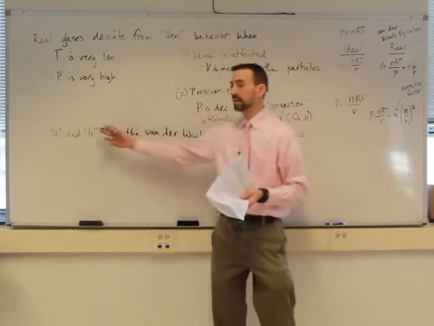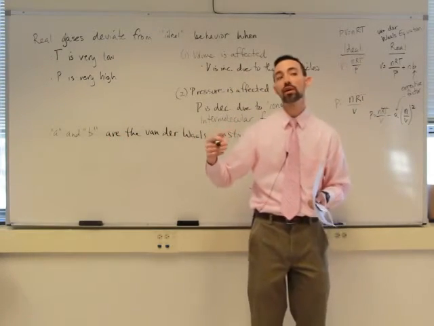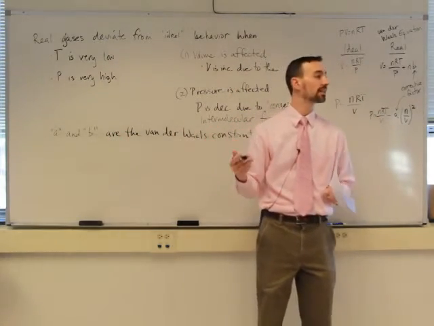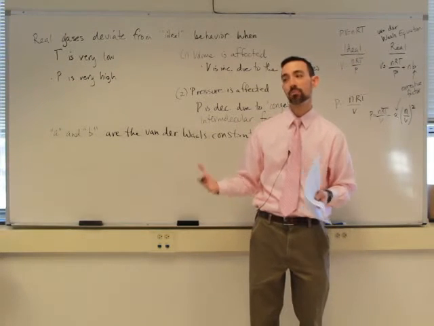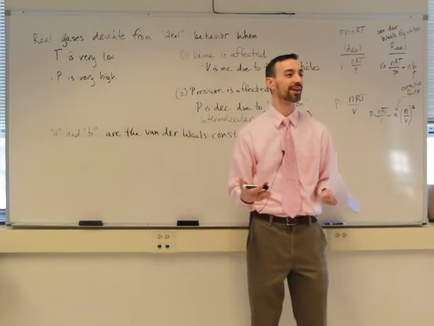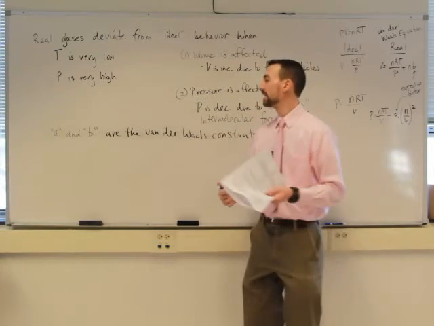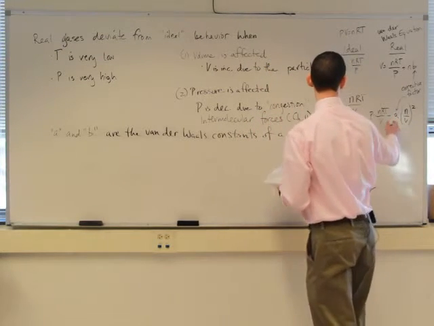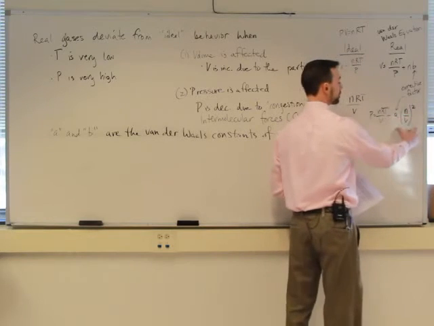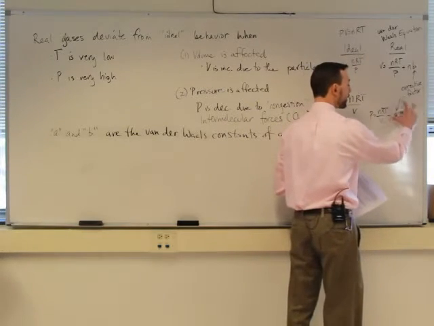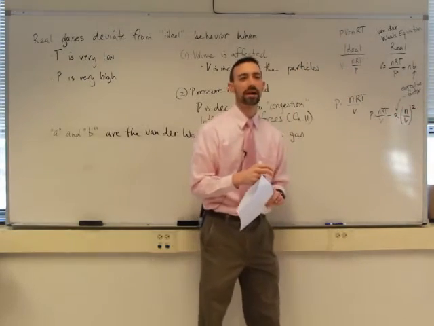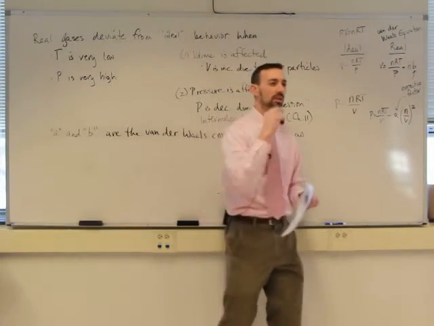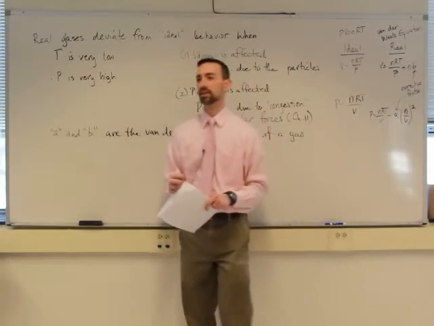Now B is essentially the volume of a single molecule or atom of a gas. So not something that we're practically going to measure, right? And A is related to, if we look at what it's attached to here, the pressure associated with a single molecule somehow of an atom. Again, so we're not really going to directly be able to measure these.